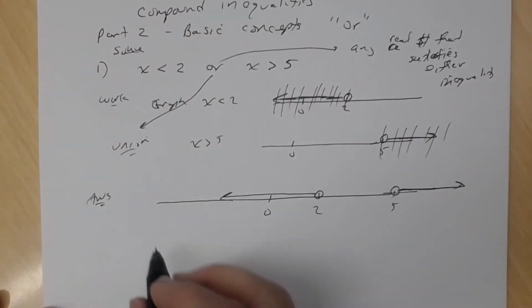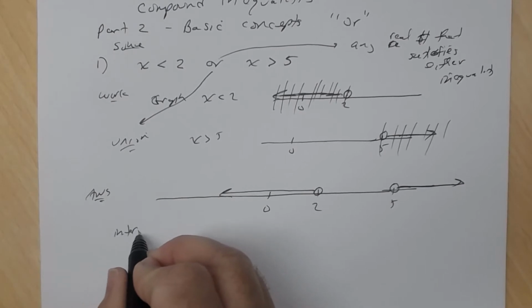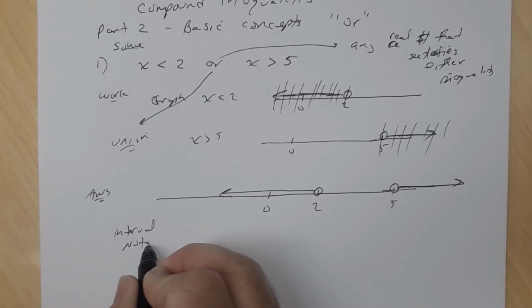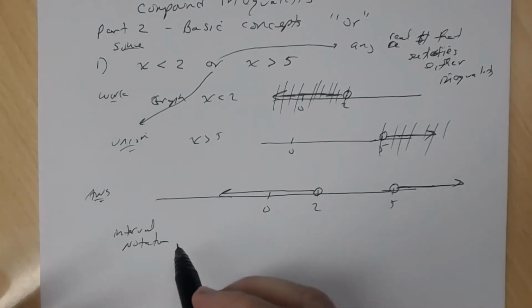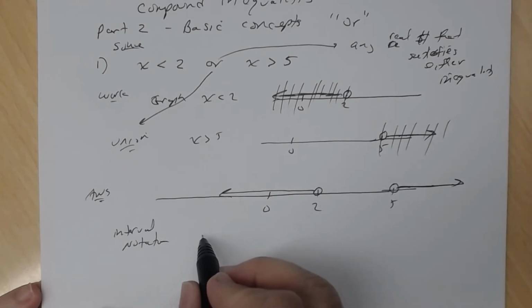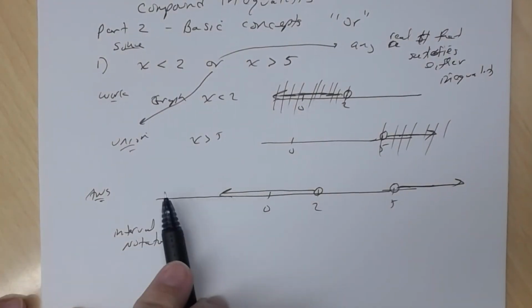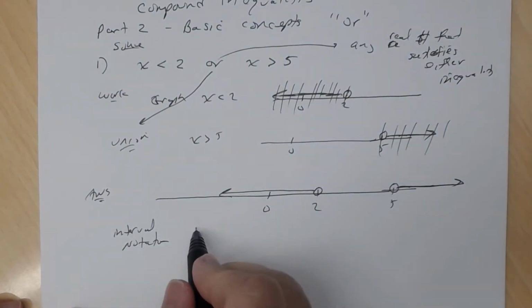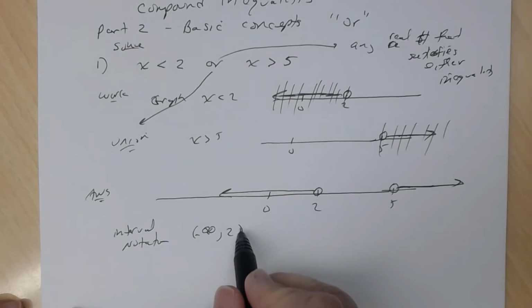Okay, now your interval notation, this is how you're going to do your interval notation. All right, now let's talk about MyMathLab. In MyMathLab, when you write your answer, remember you read a graph from left to right. So you go from negative infinity to 2, union, parentheses.